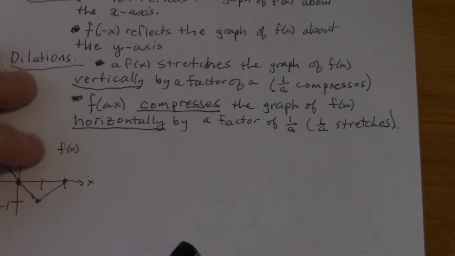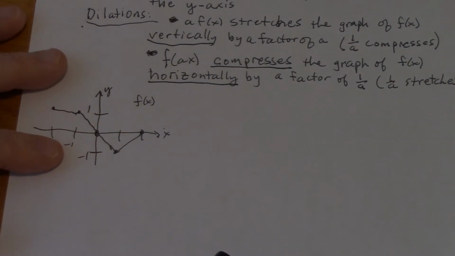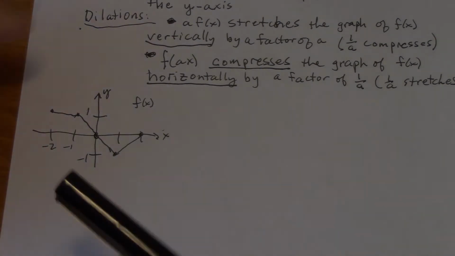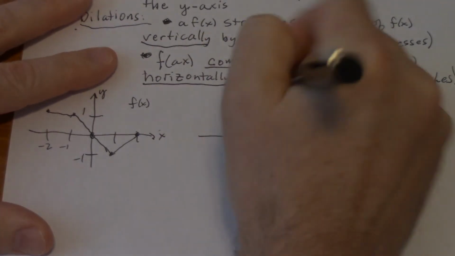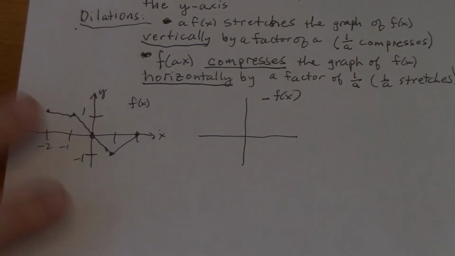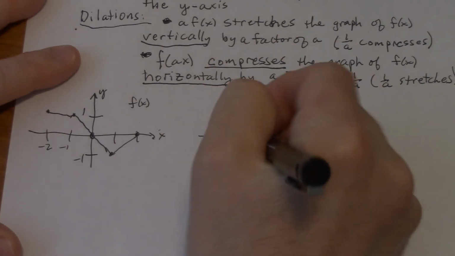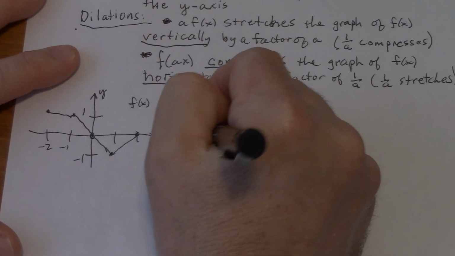All right, so let's just do a couple quick examples. I've got a graph here, f of x, and we're just going to do an example of each one of these. So first off, we'll sketch a graph of minus f of x. Okay, so that's this thing, and we just take it and we flip it. Okay? So notice the domain and the range.